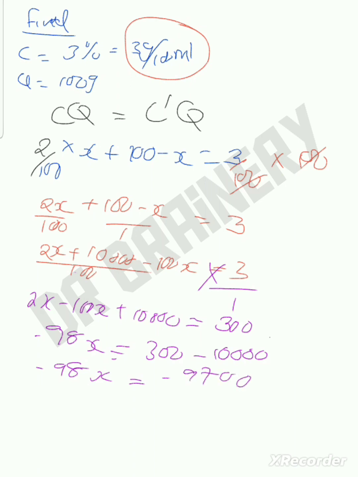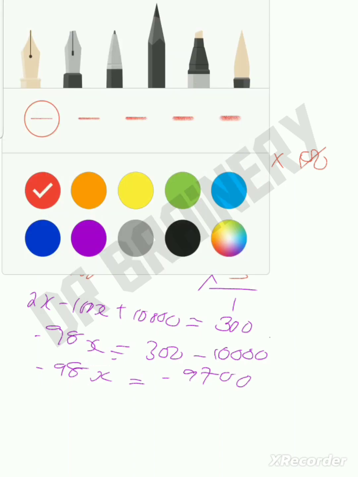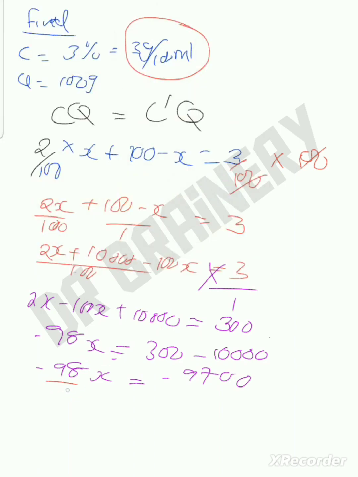Then we divide both sides by negative 98. Then what will be my answer? Here negative will go. Our X is going to give us 98.9795.